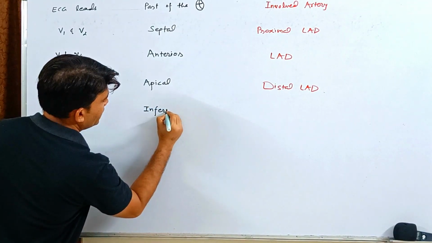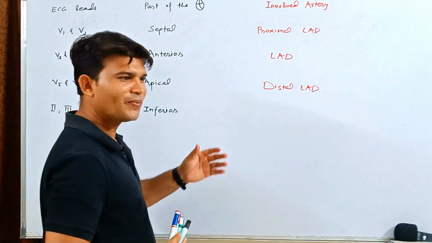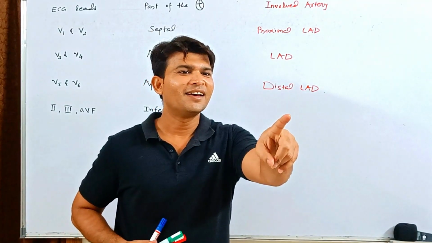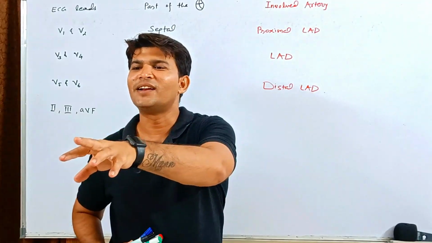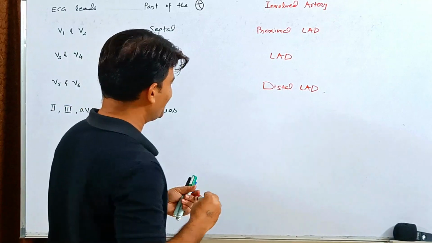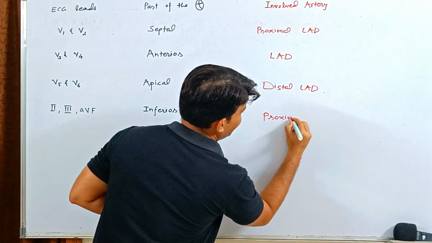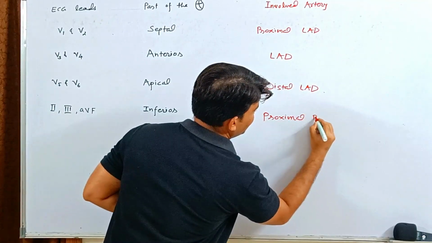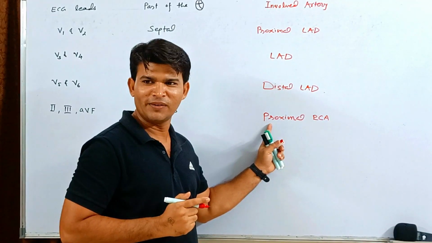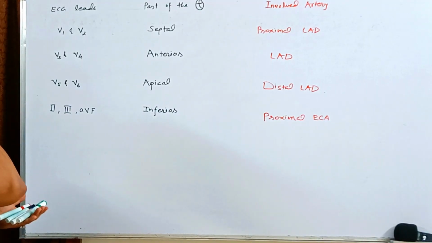And ideally, the involved artery should be RCA, the proximal artery, which gives the posterior descending artery. Very good. Can you imagine how this happens? Then proximal RCA.